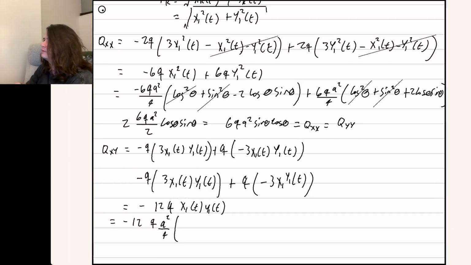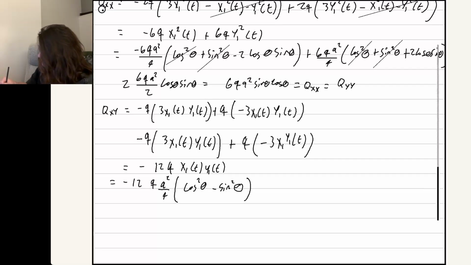You'll just have cosine squared theta plus sine, or minus sine squared theta. So it's minus 3qa squared, and then cosine squared theta minus sine squared theta just simplifies to cosine 2 theta.